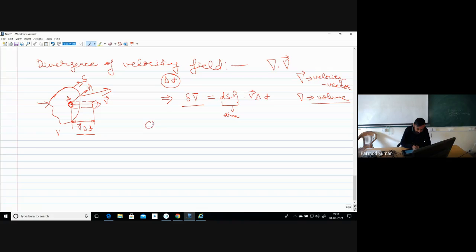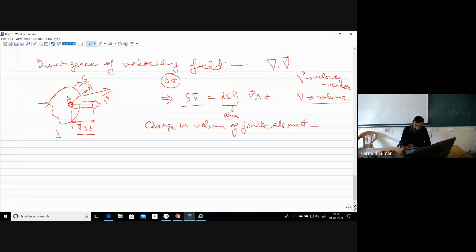If I have to find the change in volume of the finite element, I have this entire element of some finite volume V and finite surface area S. When I considered the elemental change of volume because of the elemental surface dS, this much I got. Now the change in volume of the entire finite element will be the surface integral, because here I have the dS term involved.